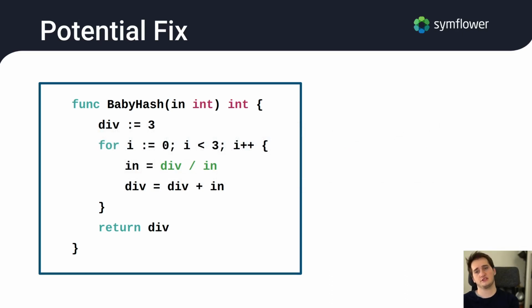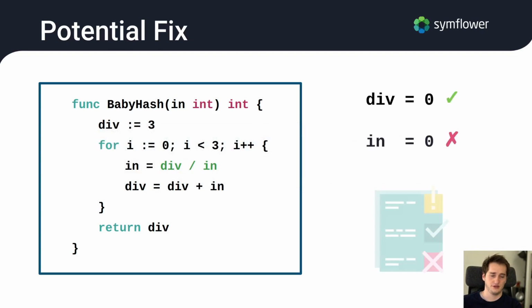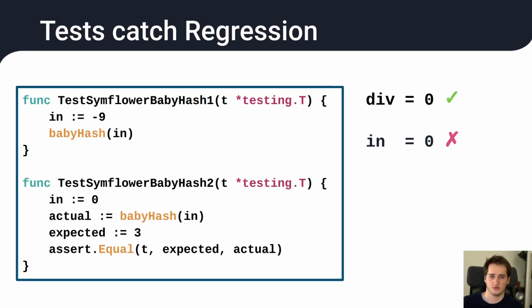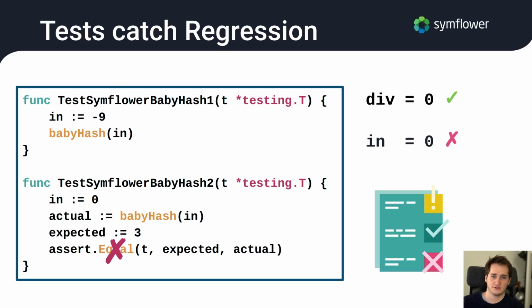So with this easy potential fix, the divisor can become 0 and the input cannot become 0, and our tests are saving us from just using this fix because they fail. And as we've seen, there are even some other problems where other hash values can then also lead to problems. So this test case now fails.